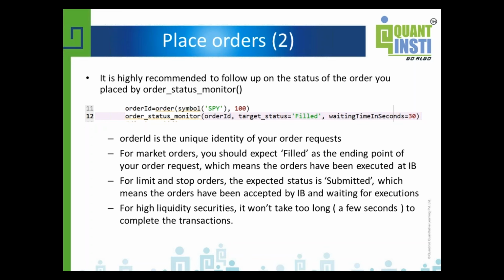I put 30 there. Actually, the reason is kind of a debug thing, because it won't take too long to complete a market order at IB for high liquidity securities. Even for low liquidity securities, the waiting time should be within a few seconds. So I put 30 to be on the safe side.